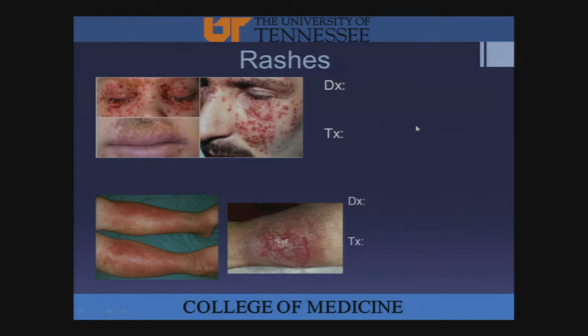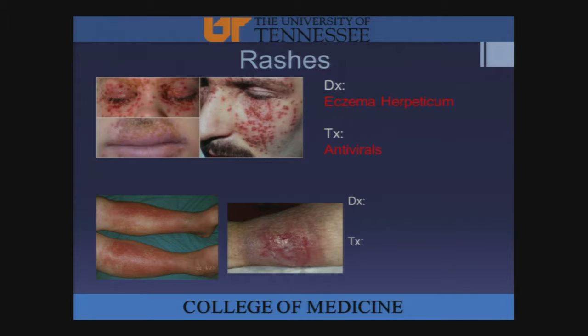Dermatitis, it's called, yeah, this is eczema herpeticum. And this is also from your HSV. So what do you think the treatment will be? It's not steroids. So antivirals, acyclovir is the main go-to.